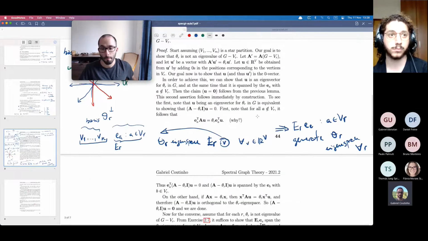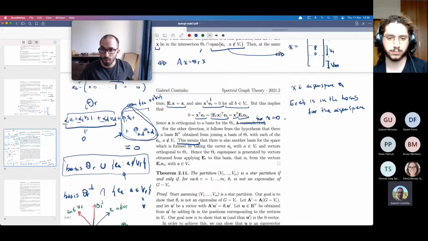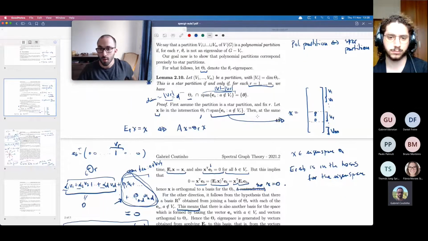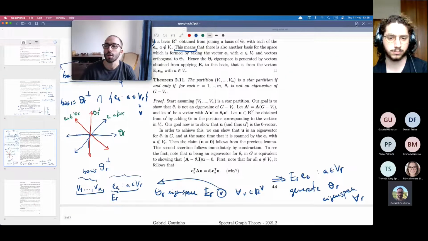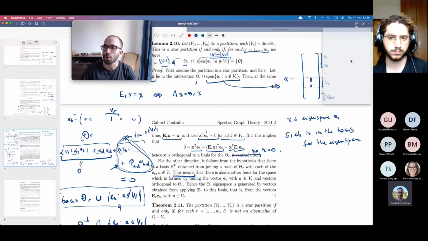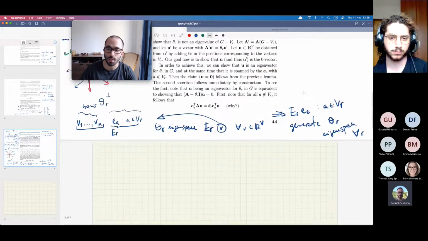All right. So we have this very, very nice lemma. Now let me ask you, how can this lemma be used to show that a star partition exists?